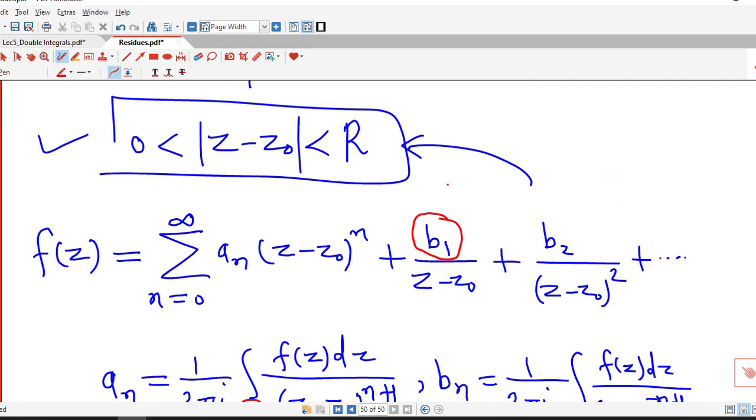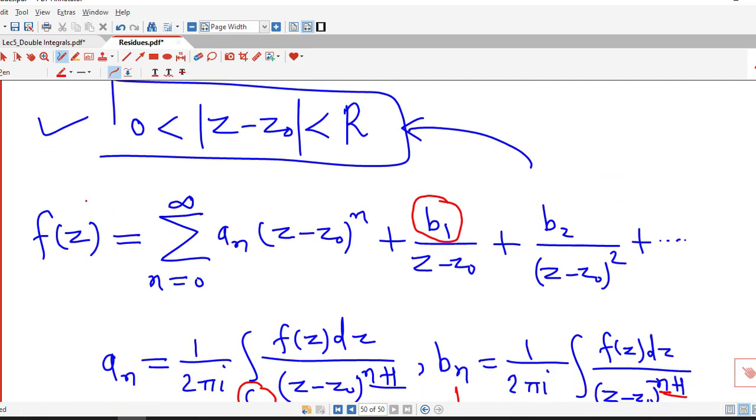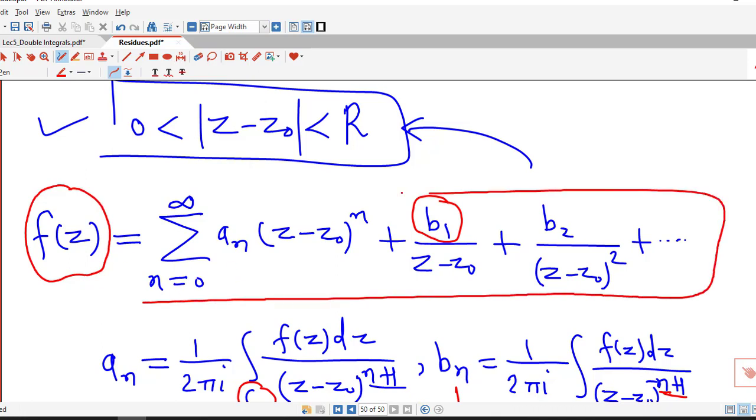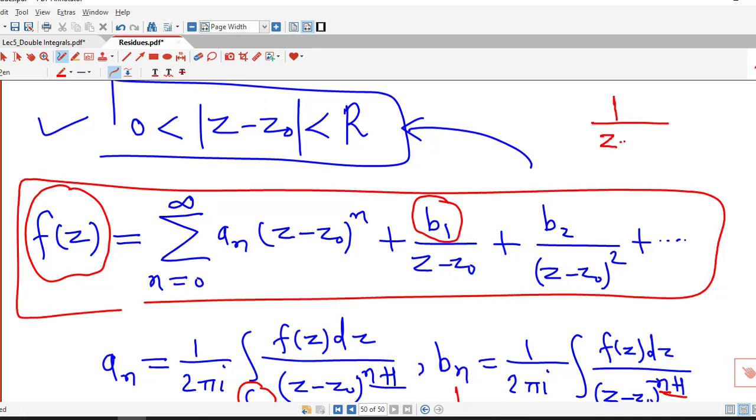So if we can represent our complex function f of z as a Laurent series, then the coefficient of 1 over z minus z0 is nothing but the residue of f of z at isolated singular point z0.